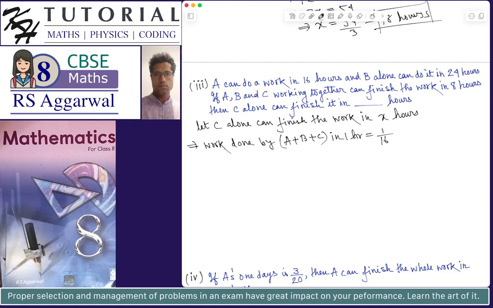So 1 by 16 plus the work done by B in 1 hour will be 1 by 24, and the work done by C in 1 hour will be 1 by X. So the work done by A plus B plus C, that is when all of them are working together, in 1 hour is 1 by 16 plus 1 by 24 plus 1 by X. Now 1 by 16 plus 1 by 24, if we simplify this, we have 3 plus 2 by 48 plus 1 by X. This is equal to 5 by 48 plus 1 by X.